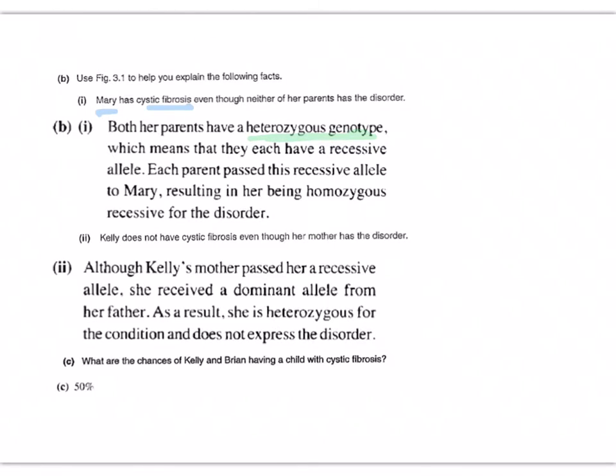So when you do your working in your mind, you know that this was your working, correct? Okay. Which means they each have a recessive allele. Each parent passed each of the recessive alleles to Mary, resulting in Mary being homozygous recessive, and therefore she has cystic fibrosis.